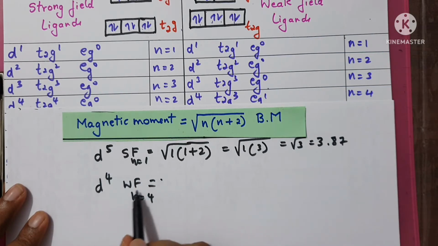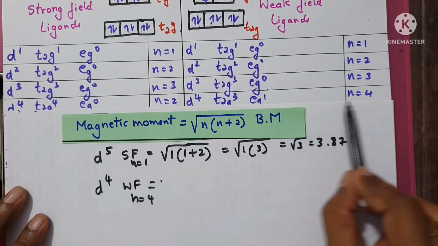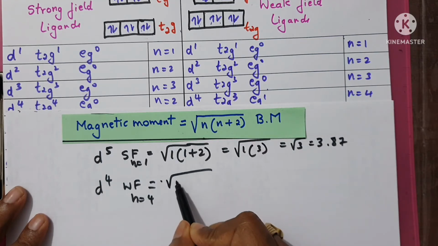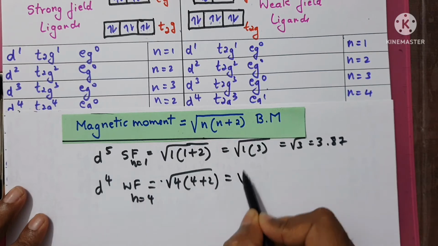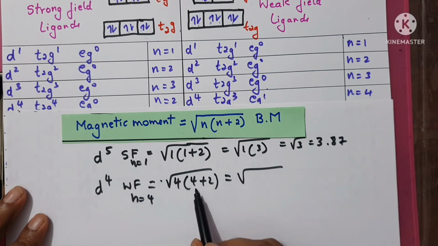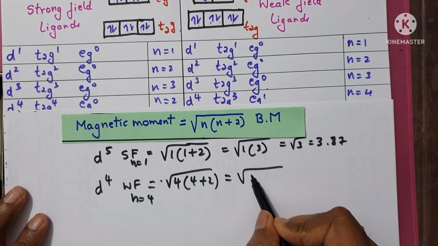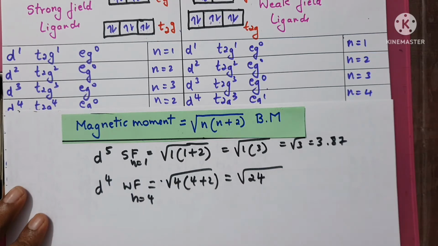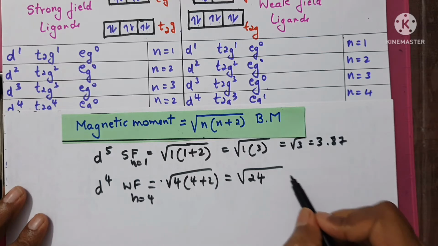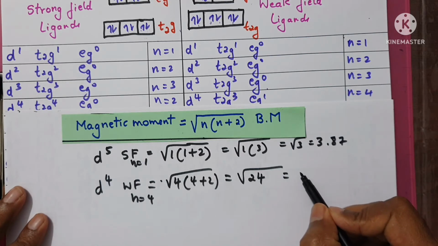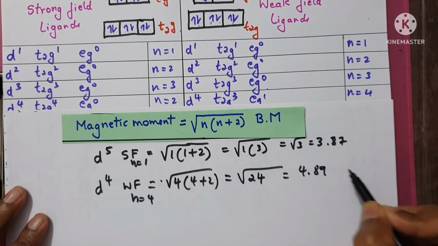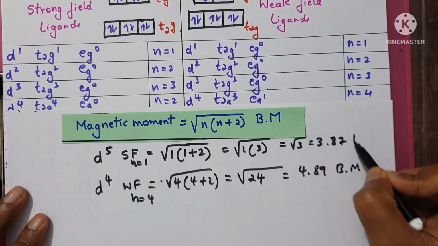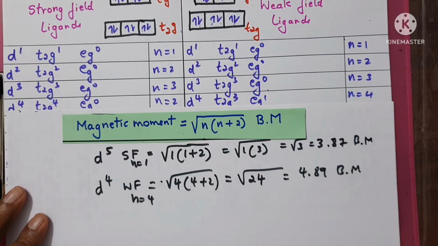So I will write square root of 4 into 4 plus 2, that is square root of 4 into 6, 4 sixes are 24. Then what is the value of square root of 24? It is going to be 4.89 Bohr magneton. Here also this is Bohr magneton.